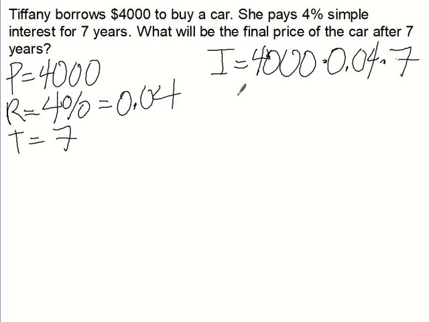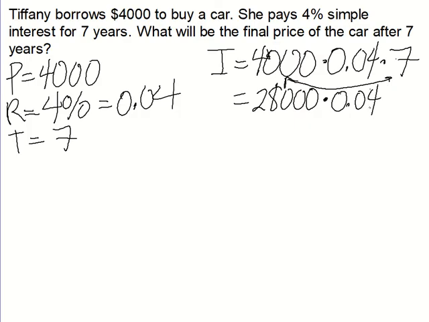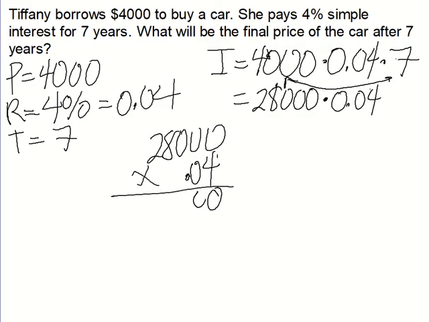Okay, so again, I'm going to use commutative property, and I'm going to multiply these two together because 7 times 4 is 28, and then I'm just going to add my 3 zeros times 4/100ths. So I'm going to go 28,000 times 0.04.